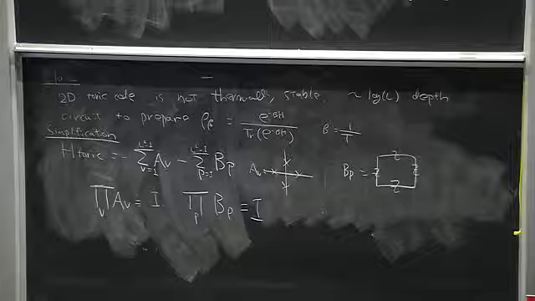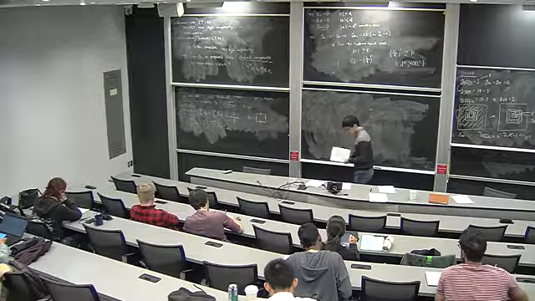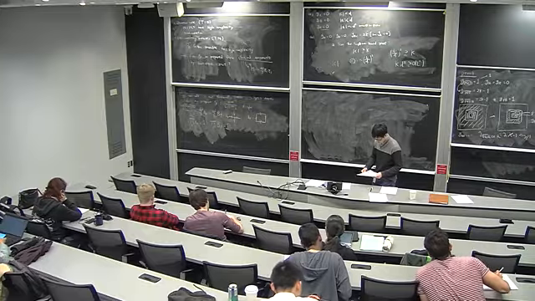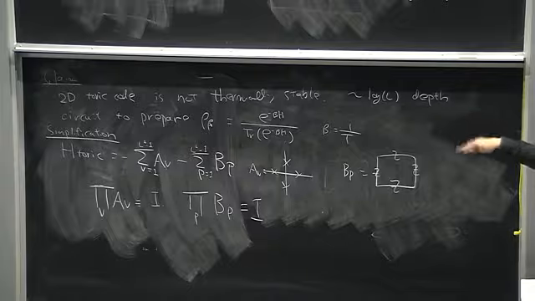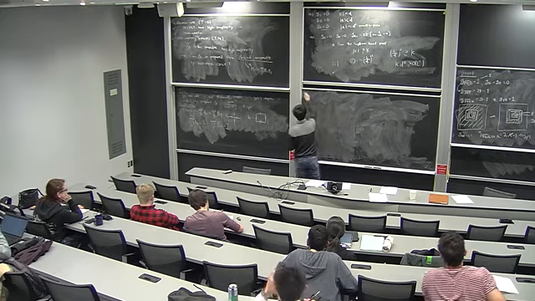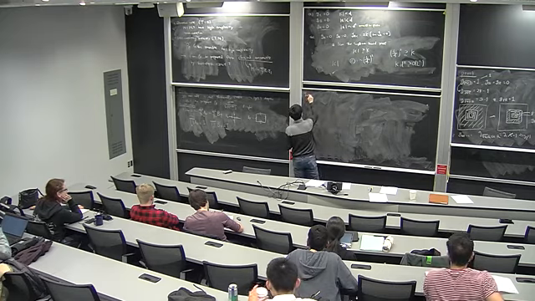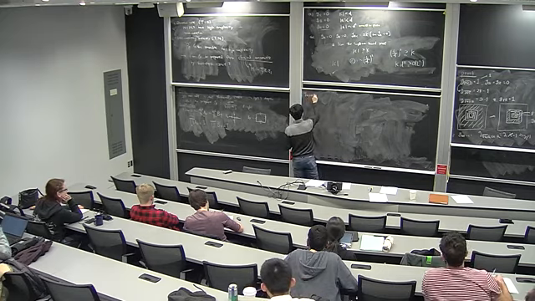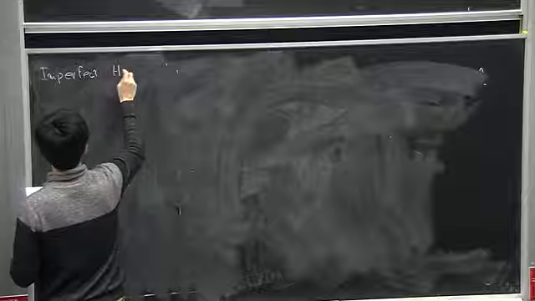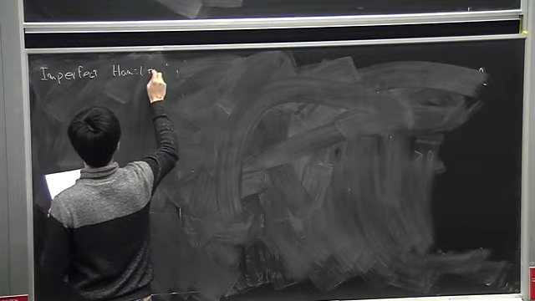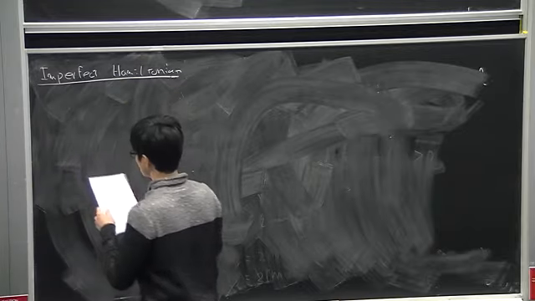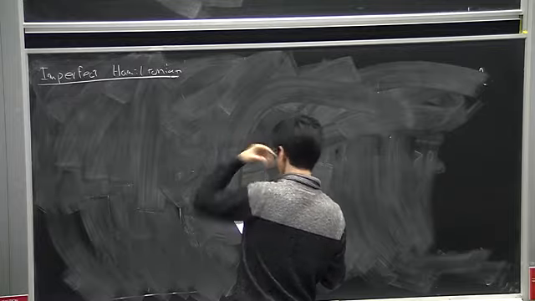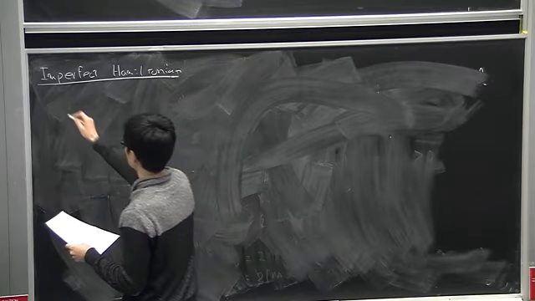And now, I need to prove that there is a way to prepare this rho beta in a very easy way. I need to introduce one concept that is called the imperfect Hamiltonian.